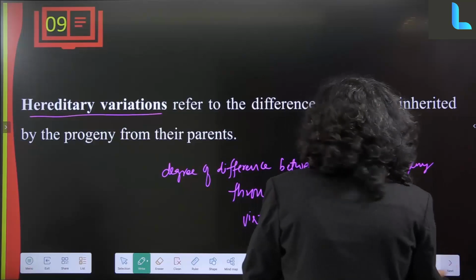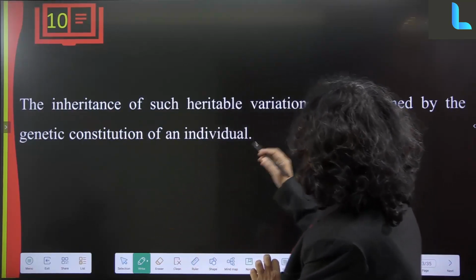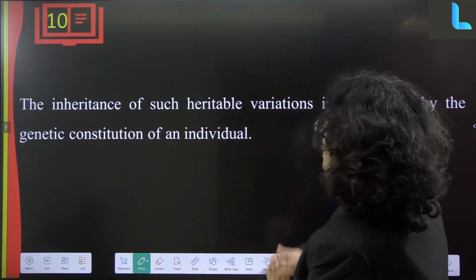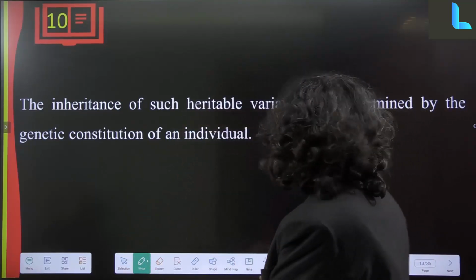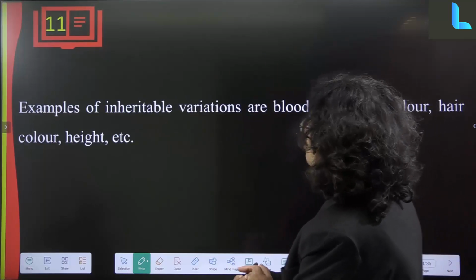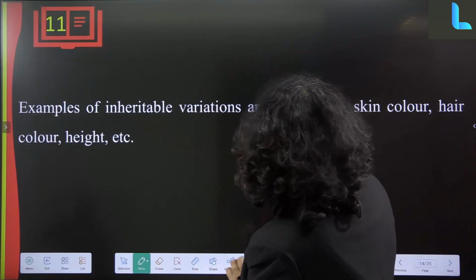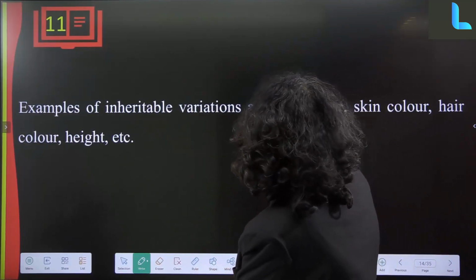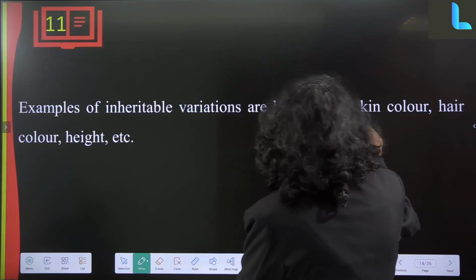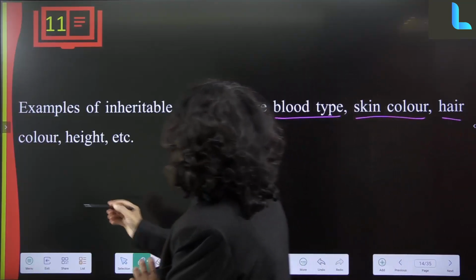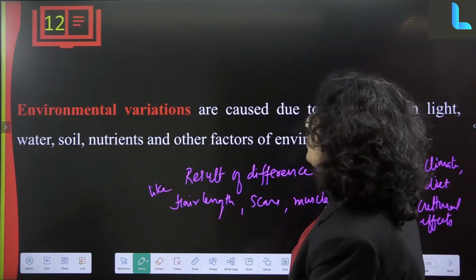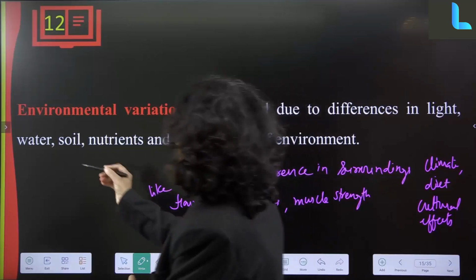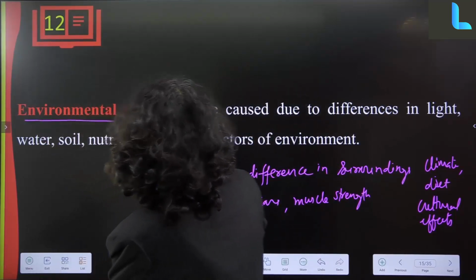Next, the inheritance of such heritable variation can be determined by the genetic constitution of the individual. Inheritable variations are blood type, skin color, hair, height, all this also comes under inheritable variations.